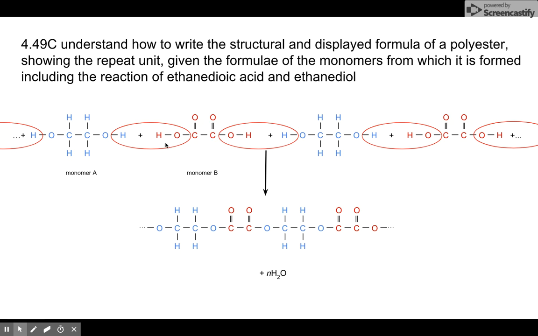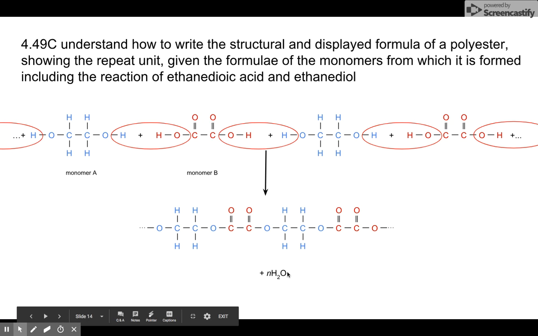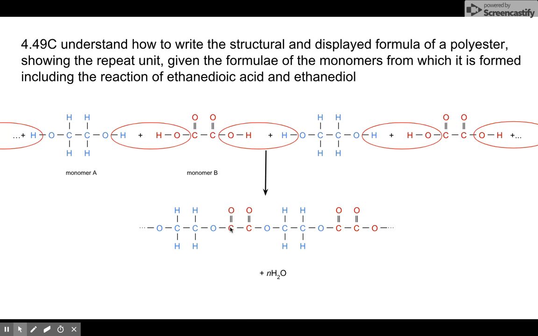So the idea is this bit here and this bit here are going to react to produce your H2O. This oxygen then bonds with this carbon. This oxygen has bonded with this carbon. Over here, this oxygen bonds with this carbon. There's my new bond. Over here's my oxygen, and it's got a new bond to this carbon. There's my new bond.